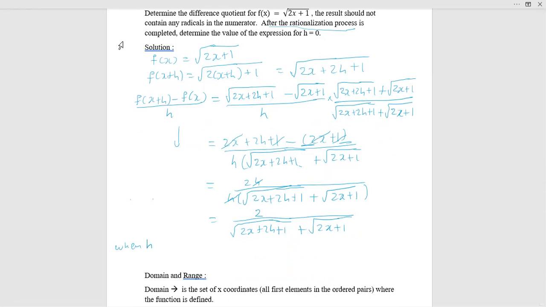When h equal to 0, f(x plus h) minus f(x) divided by h equals, wherever you see h, substitute 0. 2 divided by square root of 2x plus 0, 2 times 0 is 0, plus 1, plus square root of 2x plus 1.